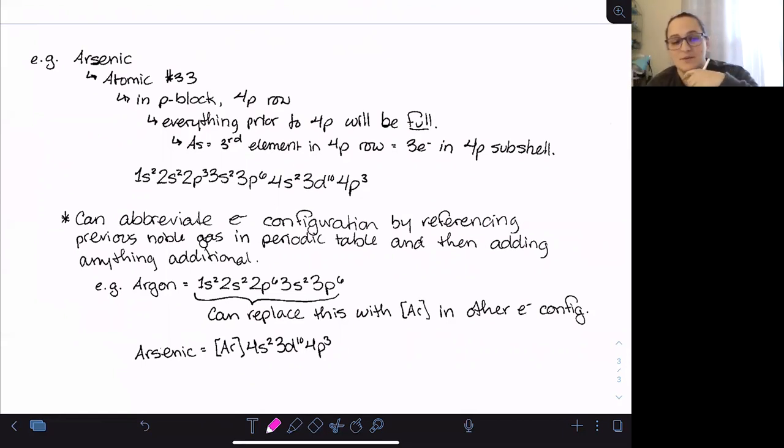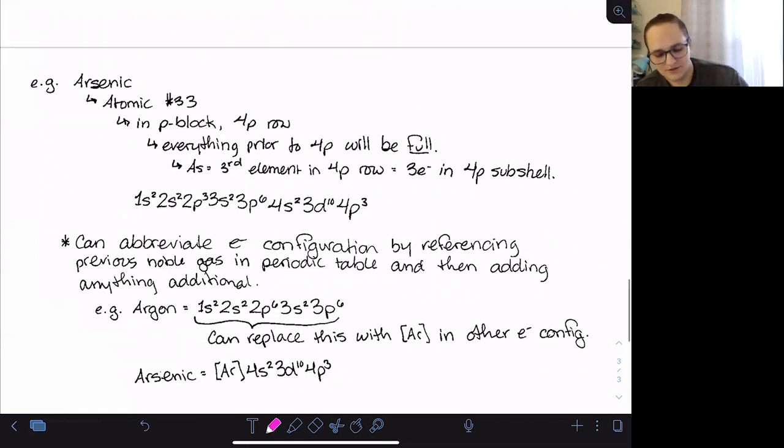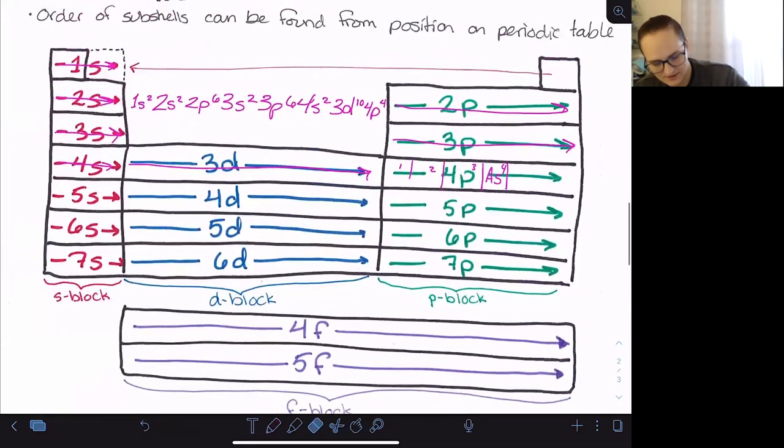So in the case of arsenic, which we just wrote, I just made a mistake, sorry. Arsenic is 3rd, not 4th, my bad. So this would be 4p3, apologies for that.